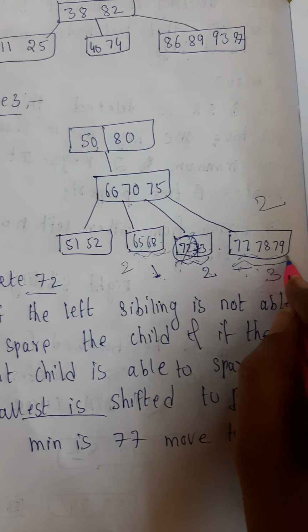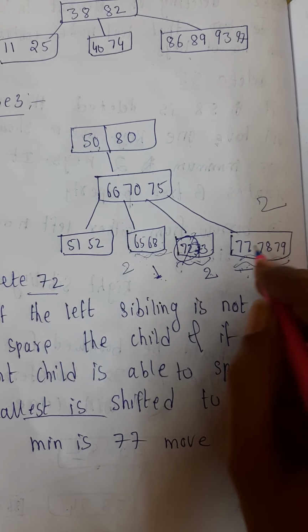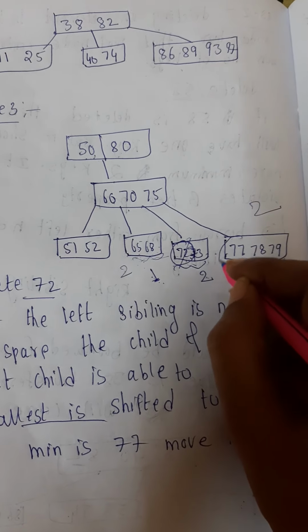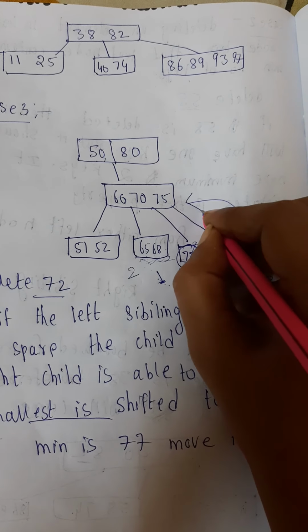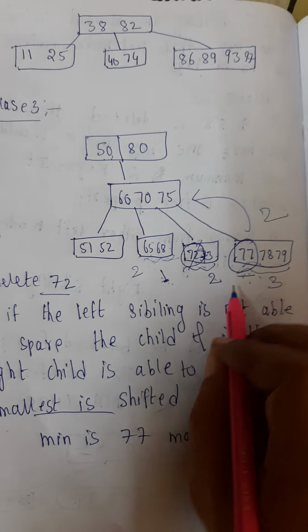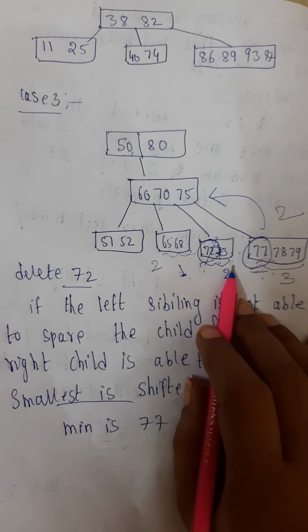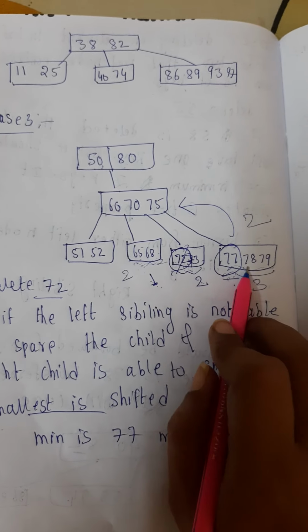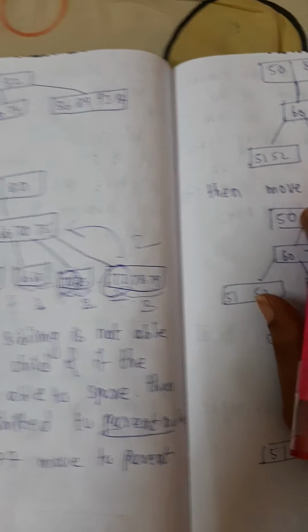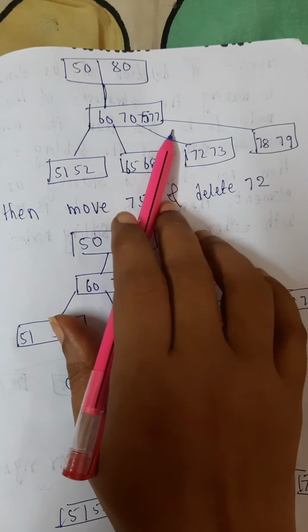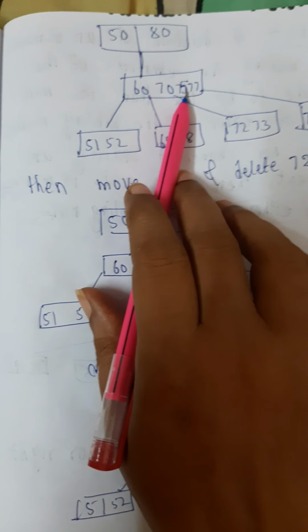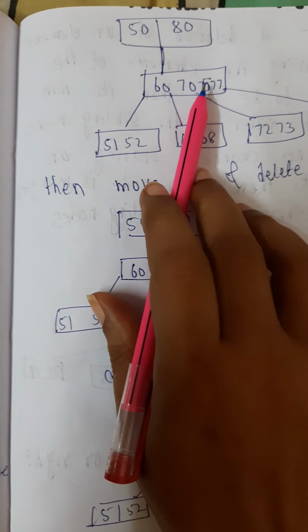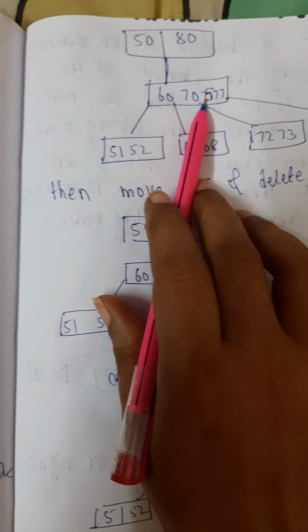So when it is ready, we have to see which is minimum now. Which is minimum? 77. Now this 77 should be moved to the parent node. So when you are moving 77 to the parent, this is the case you are getting. Now whatever you have before 77, that is 75.